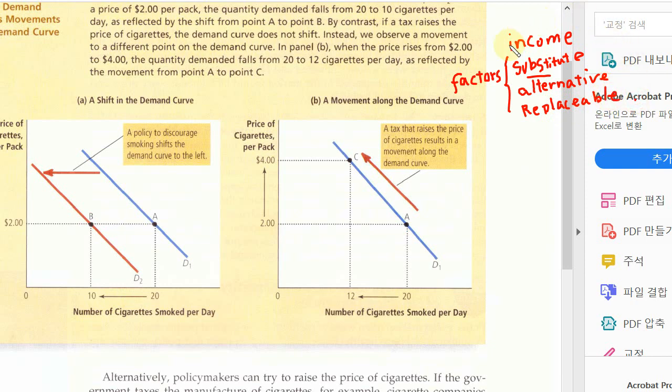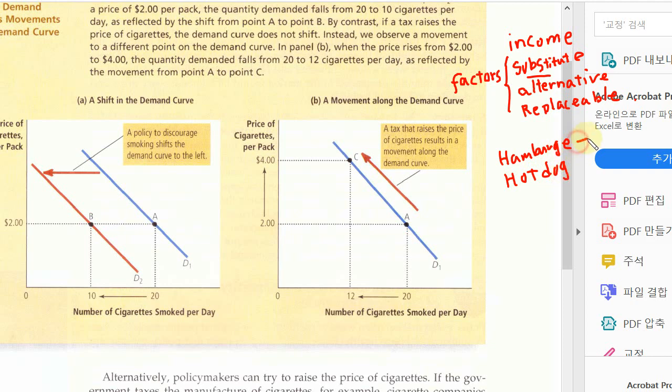A good example is hamburger and hot dog.